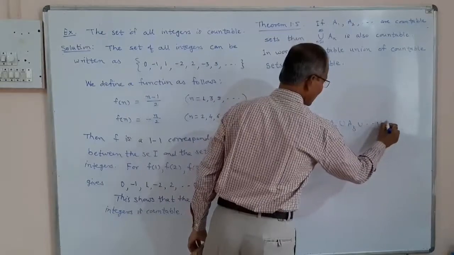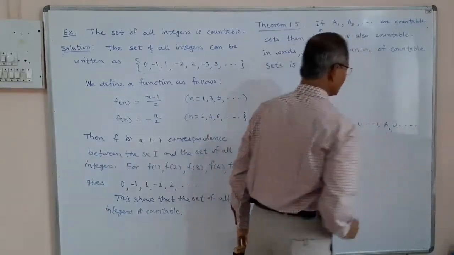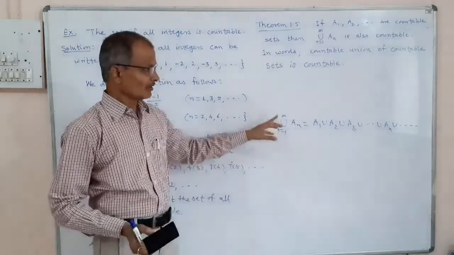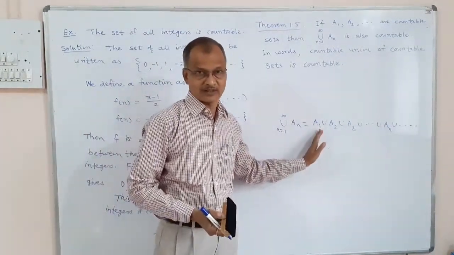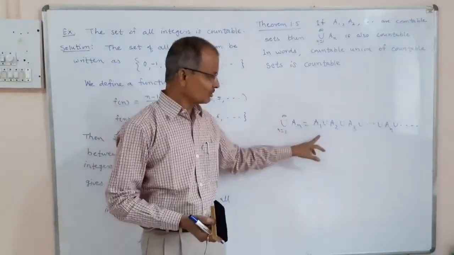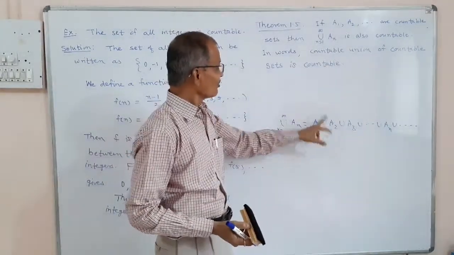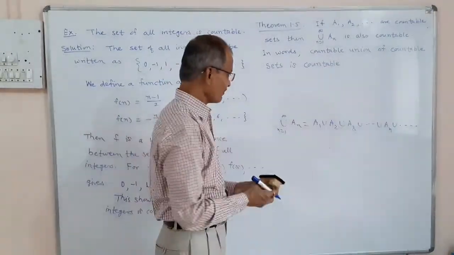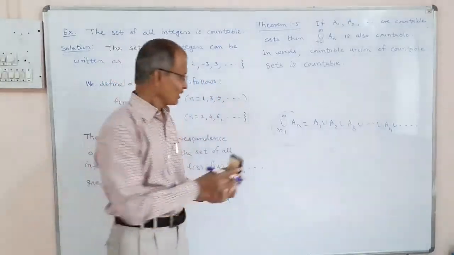This will continue up to infinity. So this is a countable union of countable sets. We can count the elements in the union, so therefore it is called a countable union. And A1, A2 are also countable sets, and finally this whole becomes countable. So that we have to prove.